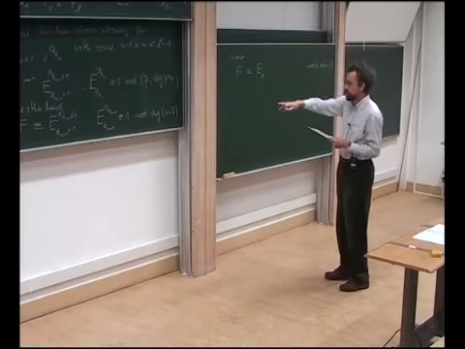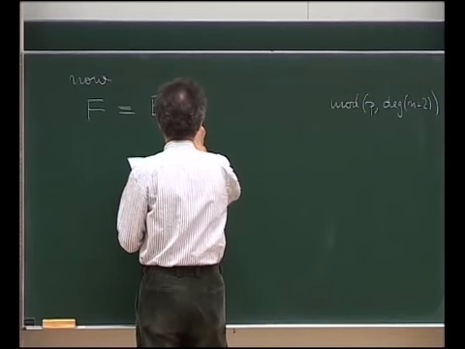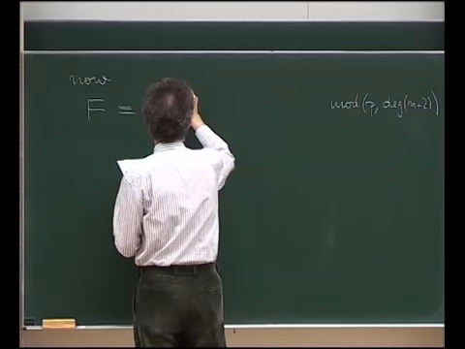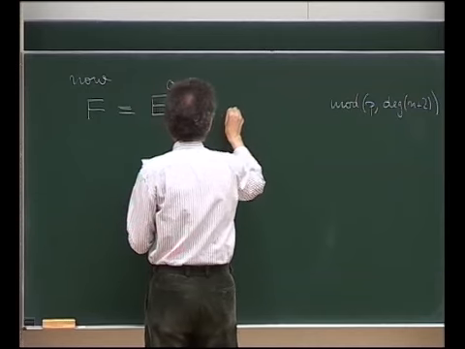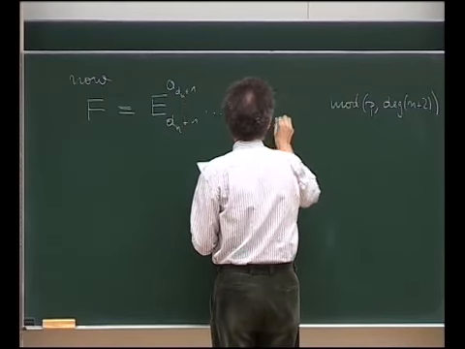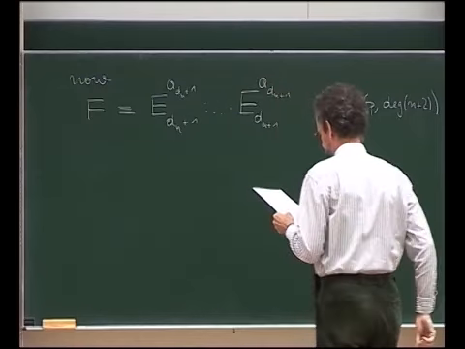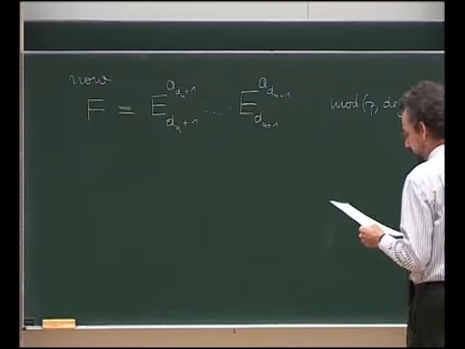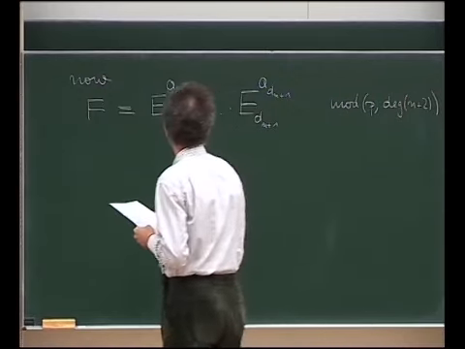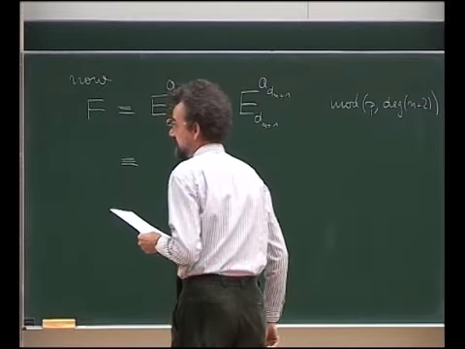But the first factors up to d_n disappear modulo p. So what remains, modulo p and degree n plus 2, are only the factors e d_{n+1} a d_{n+1}, up to e d_{n+1} a d_{n+1}.